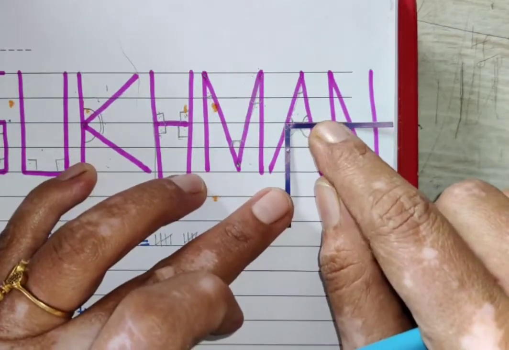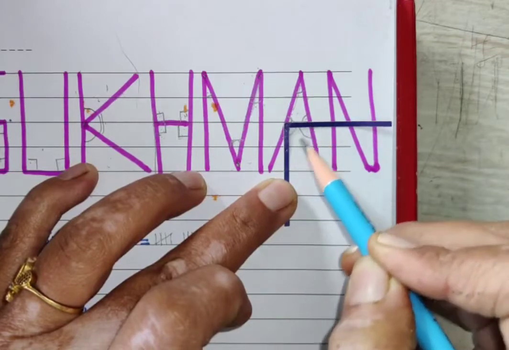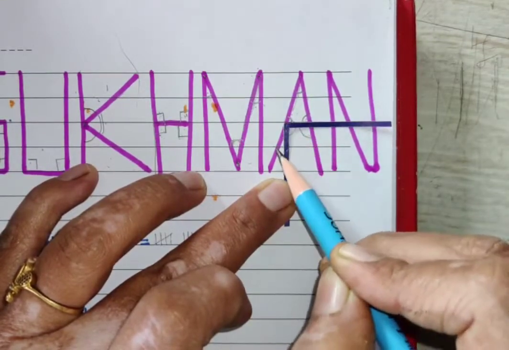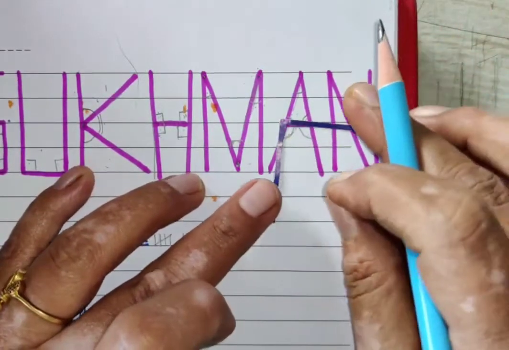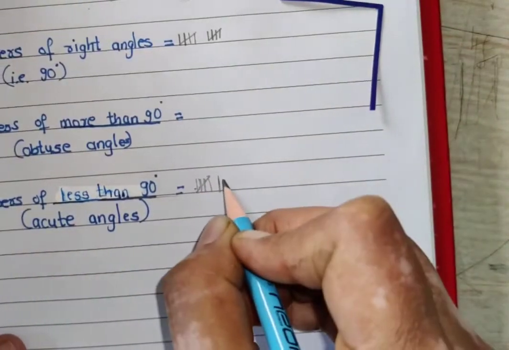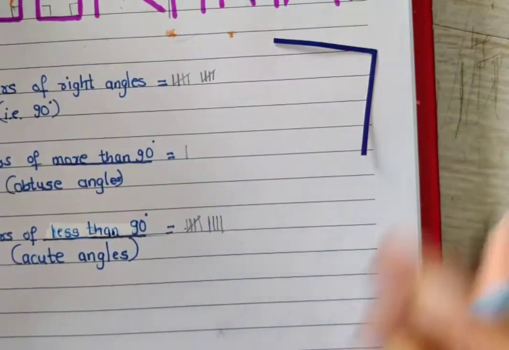I'm going to overlap. See the angle, this line is not within 90, it is outside 90. One is overlap, another is outside 90. So what kind of angle is this? It is obtuse, correct? So 3 acutes, right? So let me draw the tally marks for that. 3 acutes, and now for obtuse we got 1.